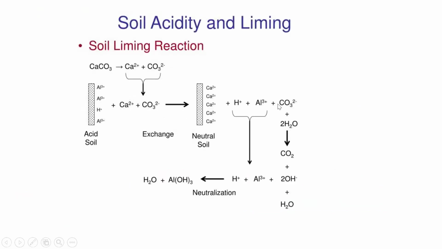Here you can see the liming reaction. Calcium carbonate, when it is used, gives rise to calcium 2+ and carbonate. When it is treated to the acid soil having H+ and aluminum ions on its surface, the calcium replaces the H+ and aluminum ions on the acid soil, which makes the soil neutral.